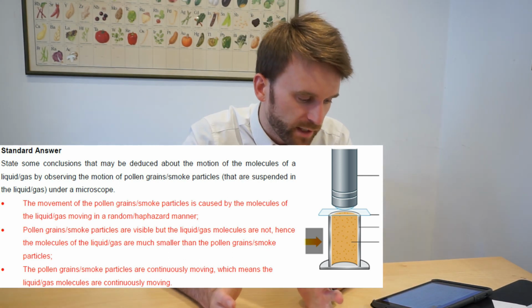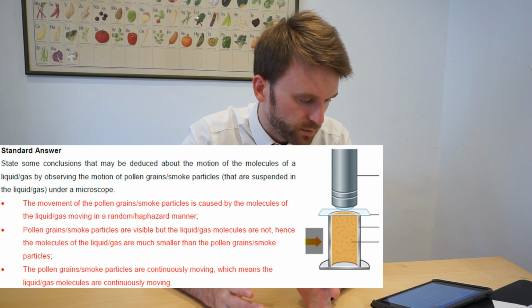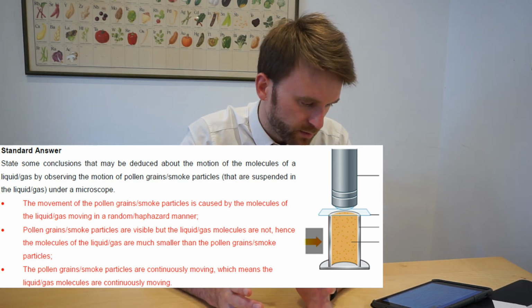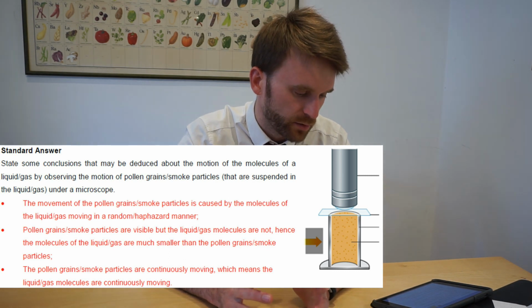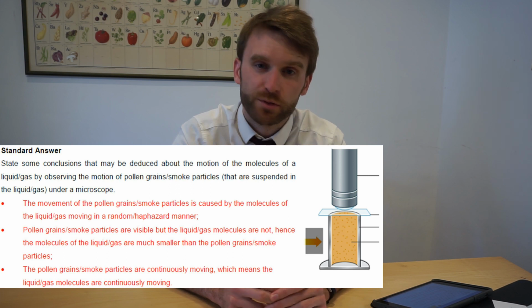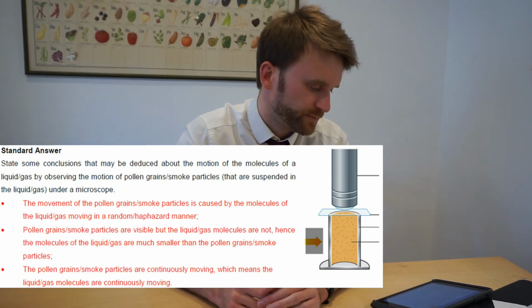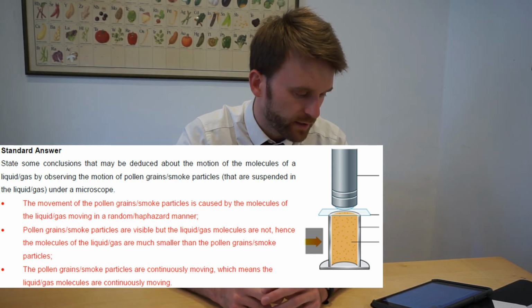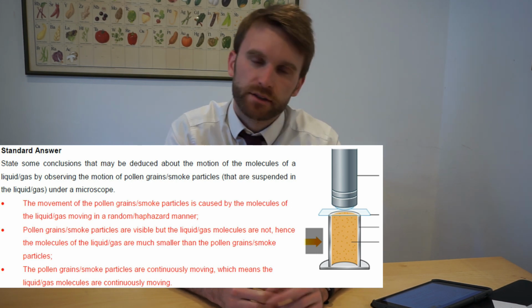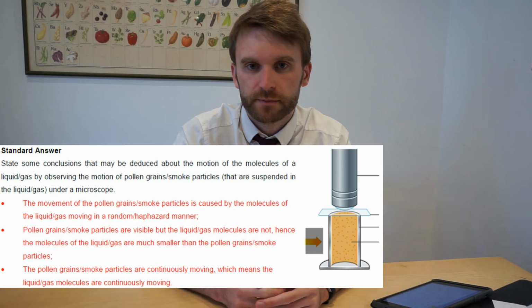The movement of the pollen grains is caused by the molecules of the liquid moving in a random, haphazard manner. The pollen grains or smoke particles are visible, but the liquid or gas molecules are not. Hence, they are much smaller, and therefore we can assume they have a lower mass. Which means, one, that the pollen grains are continually moving, and it means that the other particles are continually moving.